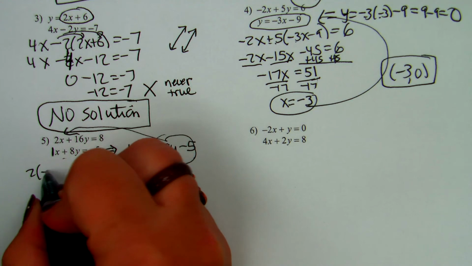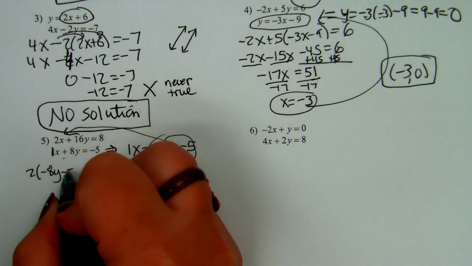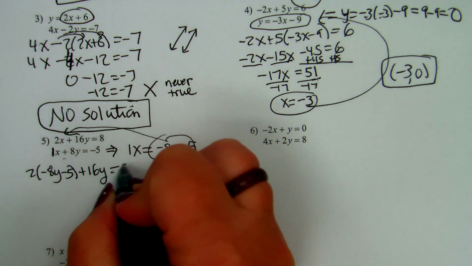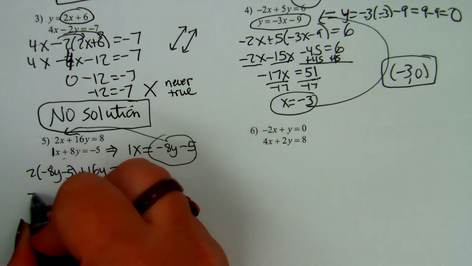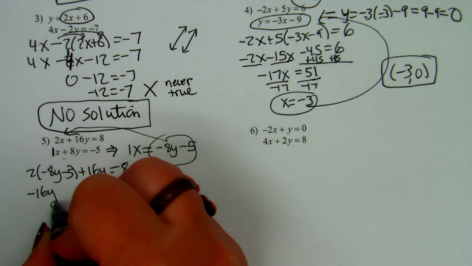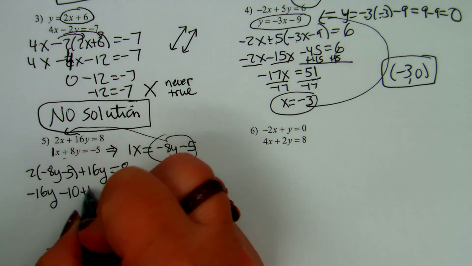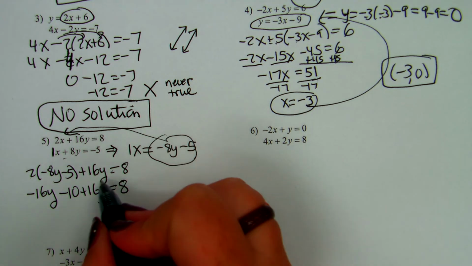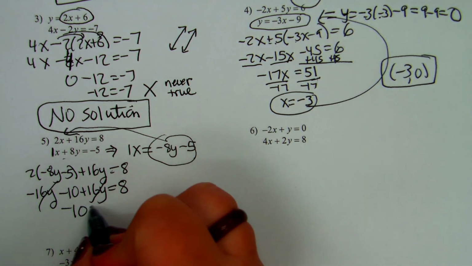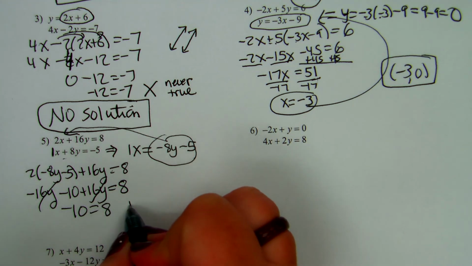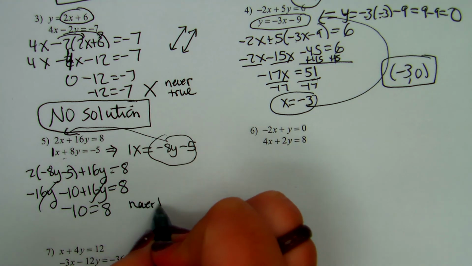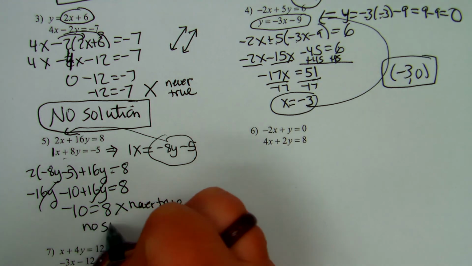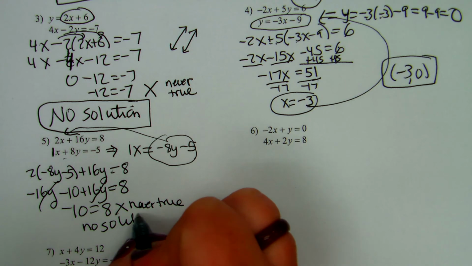So wherever there's an x, negative 8y minus 5. Get negative 16y minus 10 plus 16y equals 8. These cancel and you get negative 10 equals 8. Negative 10 is not equal to 8, so it's no solution. The lines are parallel.